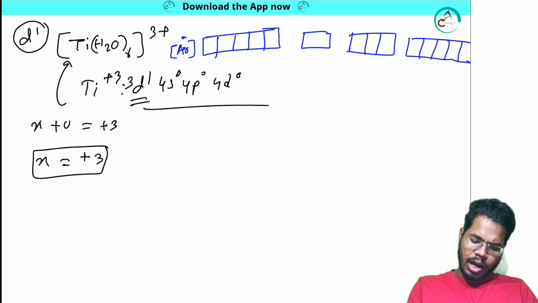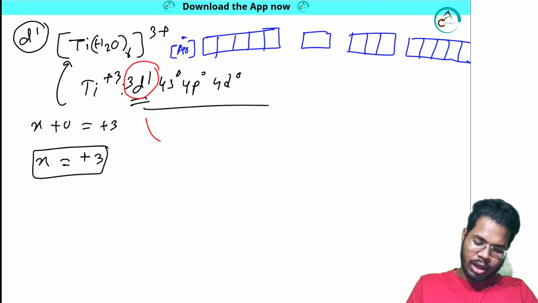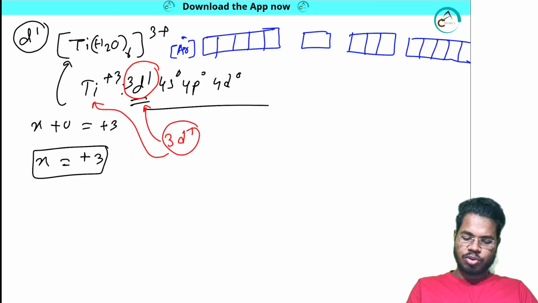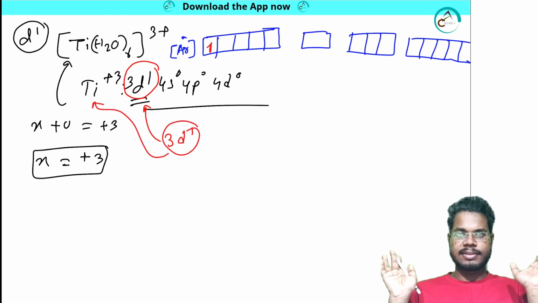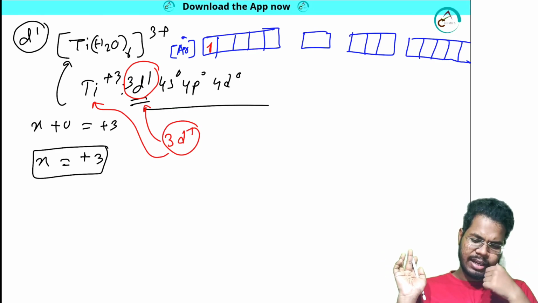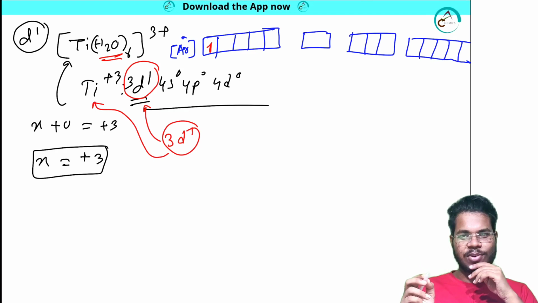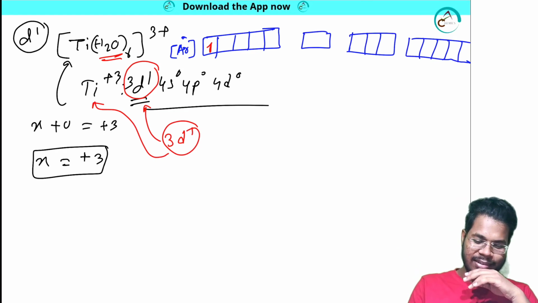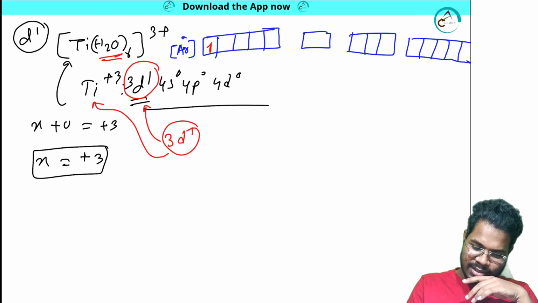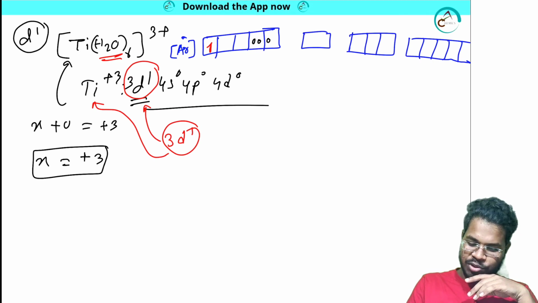Now how to do this? We have only d1, one electron, 3d1 for Ti3+, so we can put only one electron here. But if I tell you that we have to put 6 H2O ligands, that means 12 electrons, then again we have to use this trick. From here we have to start.